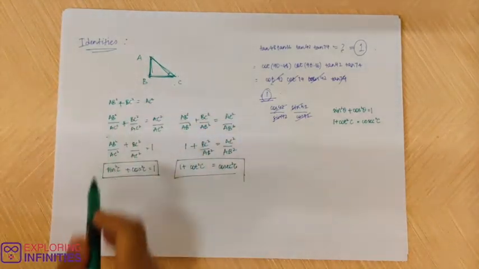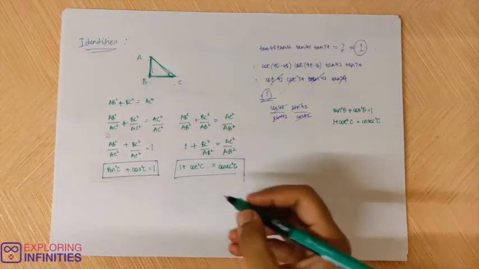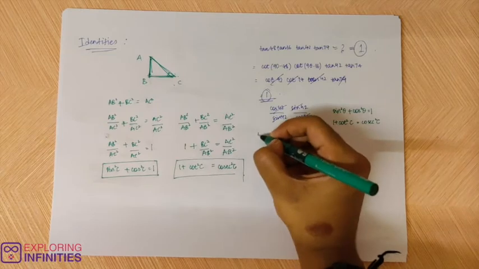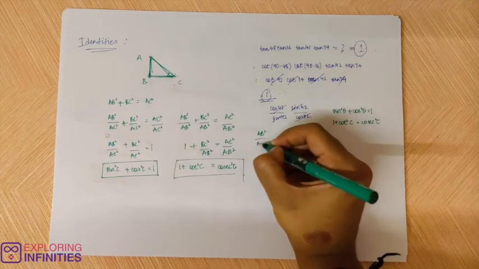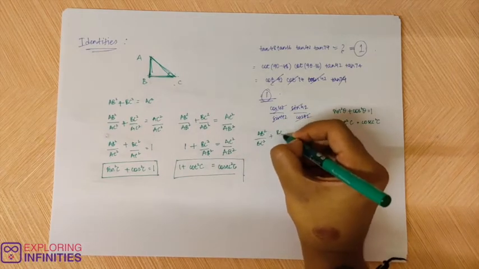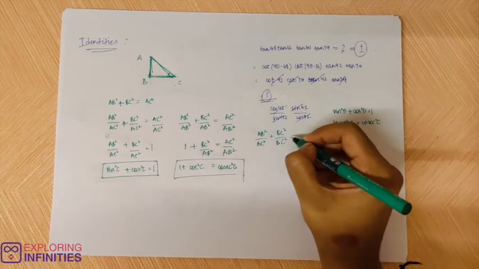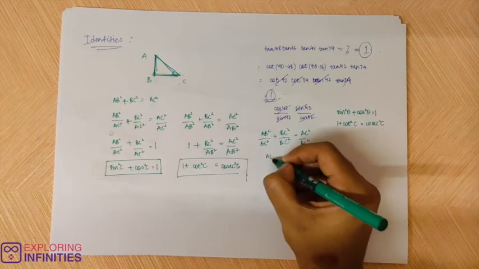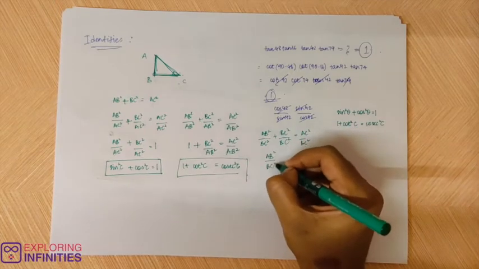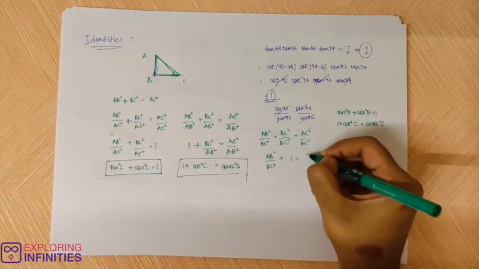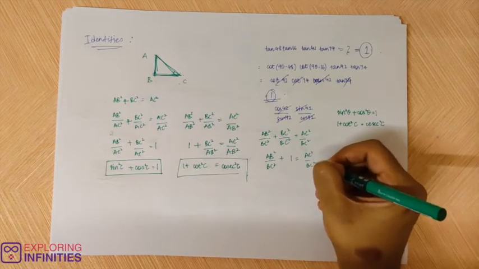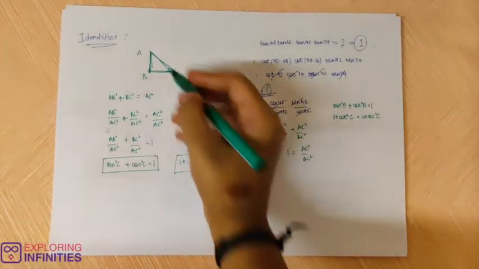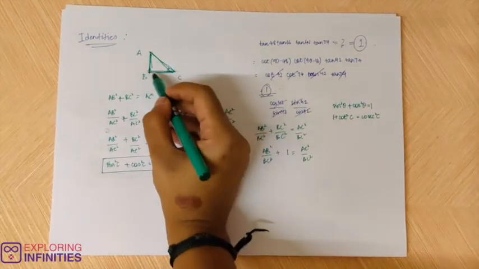Now let's divide this with BC square. So AB square by BC square plus BC square by BC square is equal to AC square by BC square. So AB square by BC square plus 1 is equal to AC square by BC square. So what is this? AB by BC. AB by BC is opposite by adjacent.